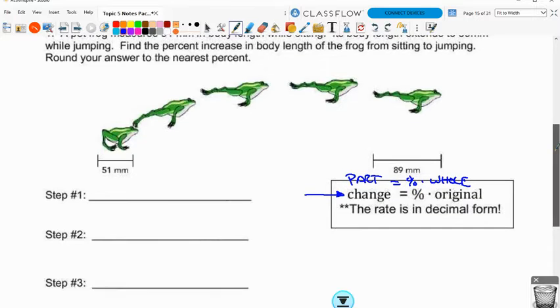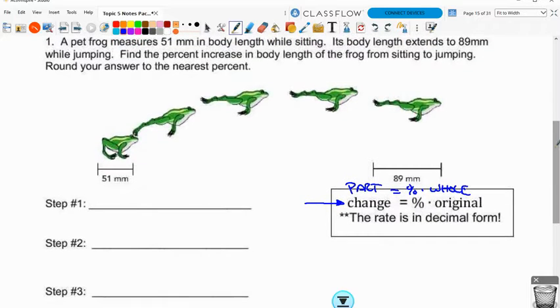So there are a few steps that we need to follow when we're finding a percent change. The first thing that we need to do, step number one, is calculate the amount of change. As you can see in the equation, we need to know the amount of change because the amount of change is a percentage of the original amount.